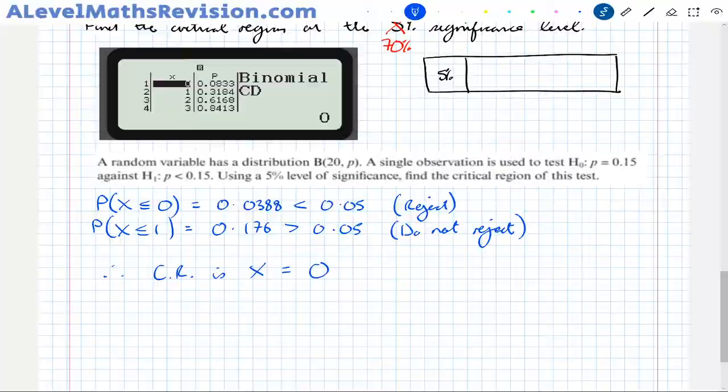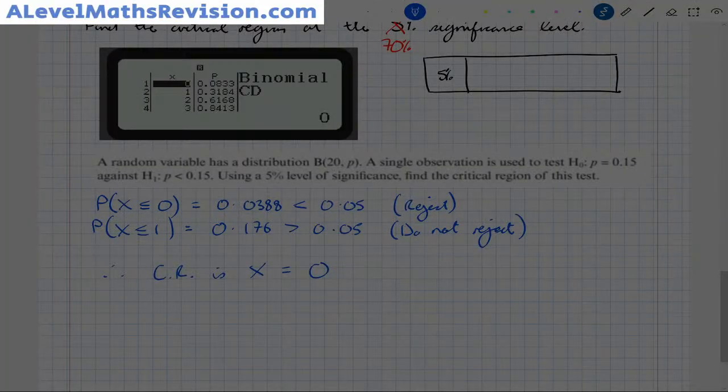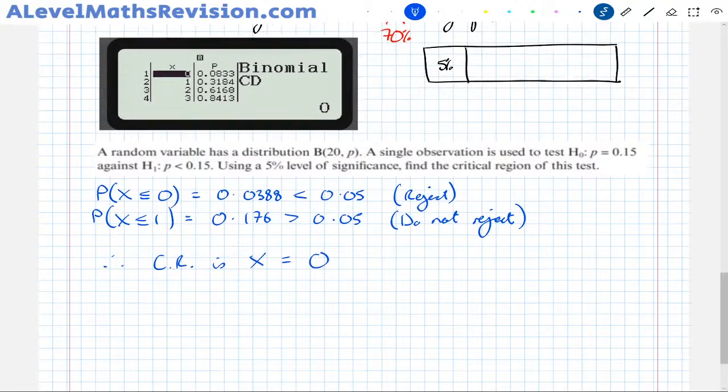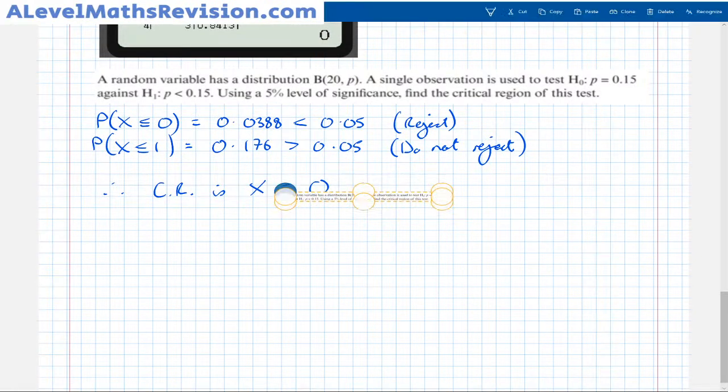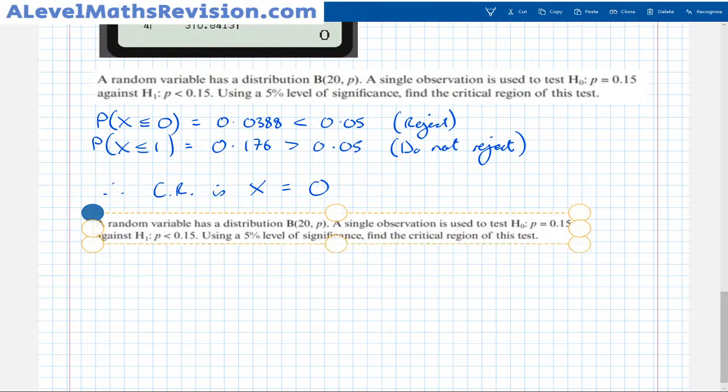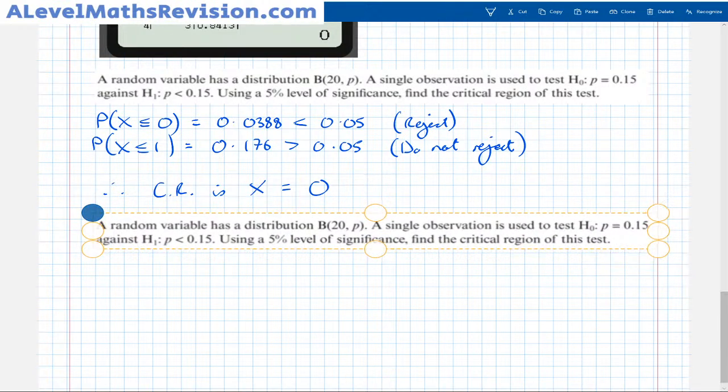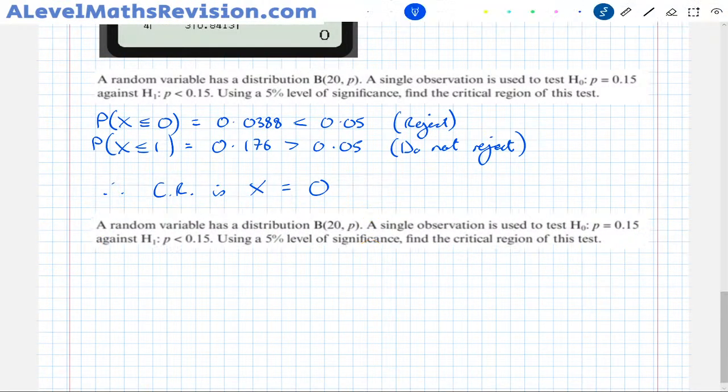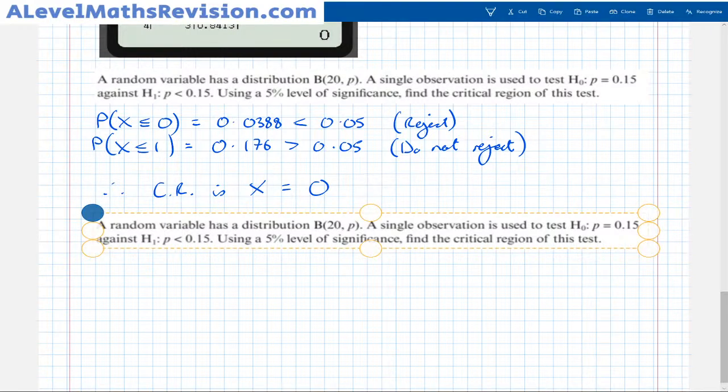So we've only tested left-hand tails now, which are relatively straightforward, as you can see. Let's do a right tail test and find the critical region for a right tail. So a random variable has a distribution 20p again, and a single observation is used to test H0. So I've just copied the exact same one down, haven't I?